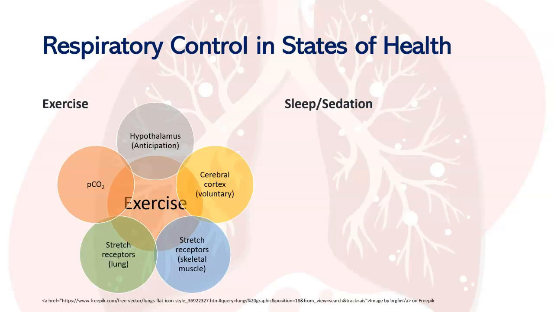So that's exercise. Let's have a look at sleep. With sleep, there's a dampening down of the reticular activating system, and this leads to a reduction in stimulation of the sympathetic nervous system and a reduction in the automaticity of the respiratory center.